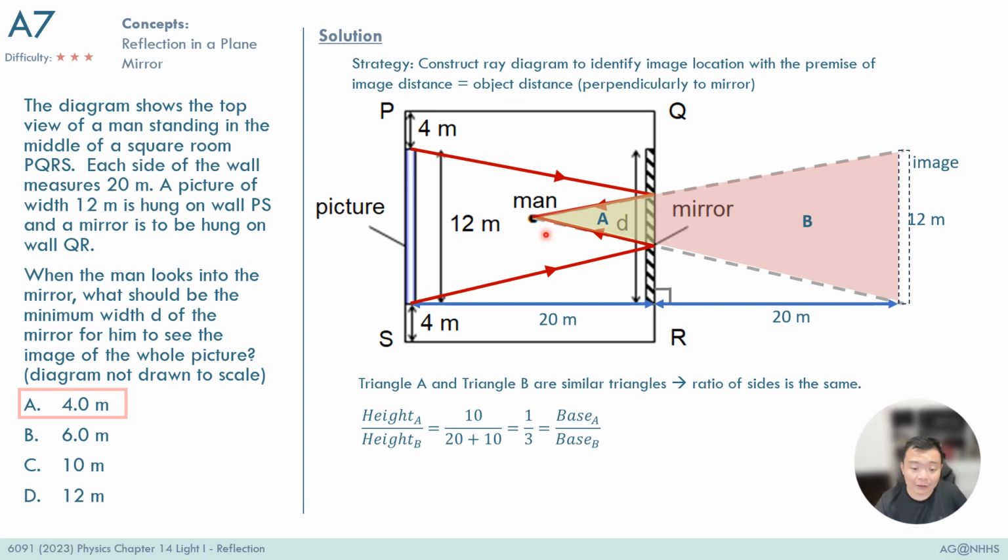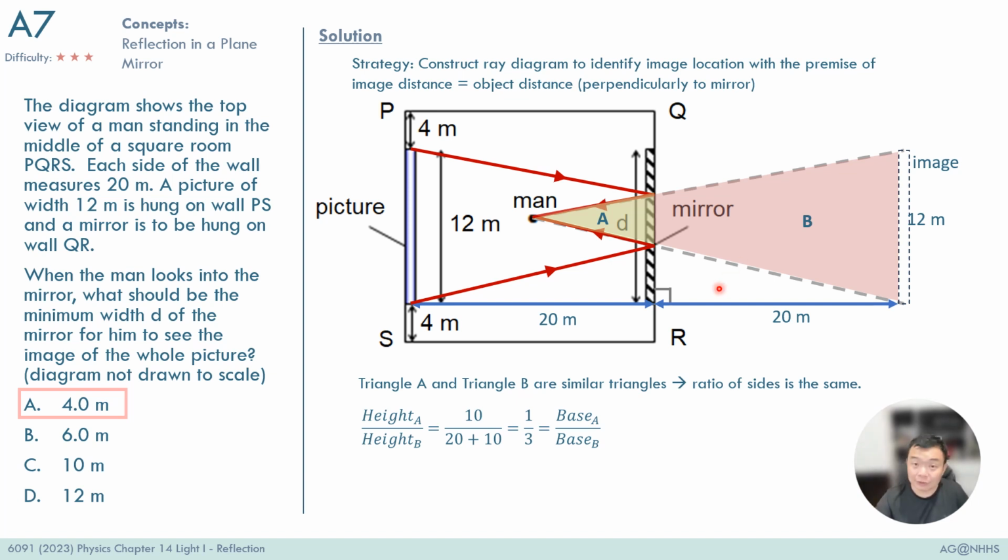I can get the height of triangle B to be 30 meters because over here, this part is 10 meters, half the room dimension, and over here, the long side here is 20 meters because that's the image distance.